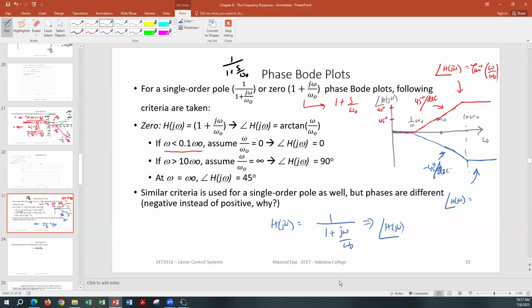Phase of the numerator is 0, and phase of the denominator is tangent inverse of omega over omega naught. So phase of the function is going to be numerator phase minus denominator phase, negative arctan of omega over omega naught. And that's why you see over here that it is going down with the slope of negative 45 degrees per decade, and it's going to go until negative 90 degrees. So this is for this.